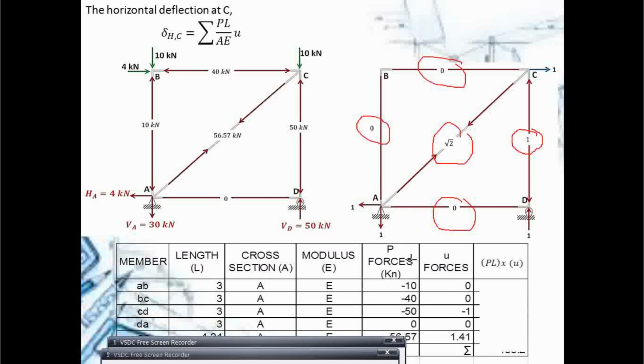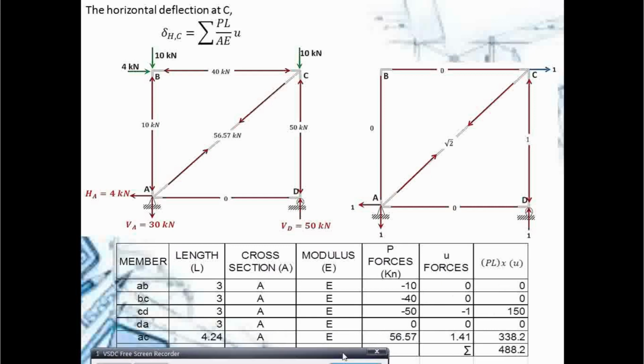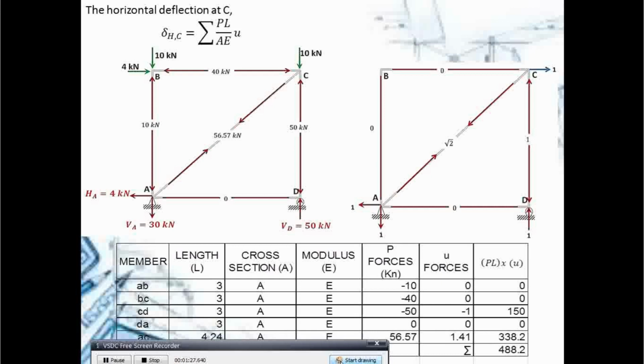Pag nakuha na natin yung mga values under dito sa column ni P at saka yung under sa column ni U, next step natin is yung PL times U. Ano tong PL times U na to? All we have to do here is multiply P dun sa may length and multiply that by U. So, let's take a look. Negative 10 times 3 times 0 is 0.